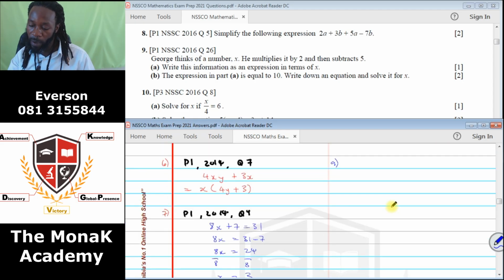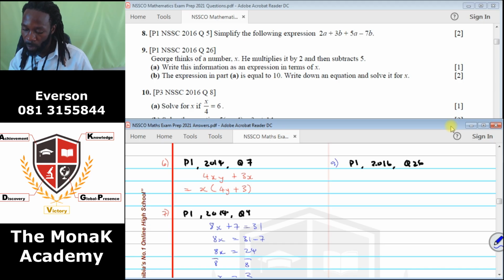We look at number 9. Number 9 comes from paper 1 of 2016, question 26. We start with A. George thinks of a number x, he multiplies it by 2 and then subtracts 5.